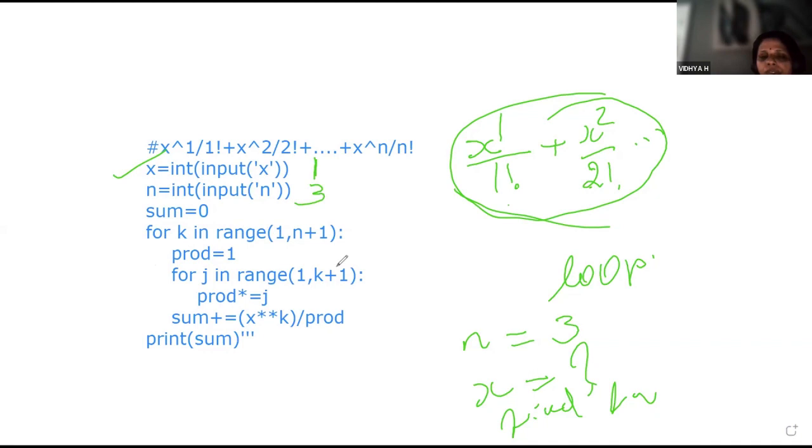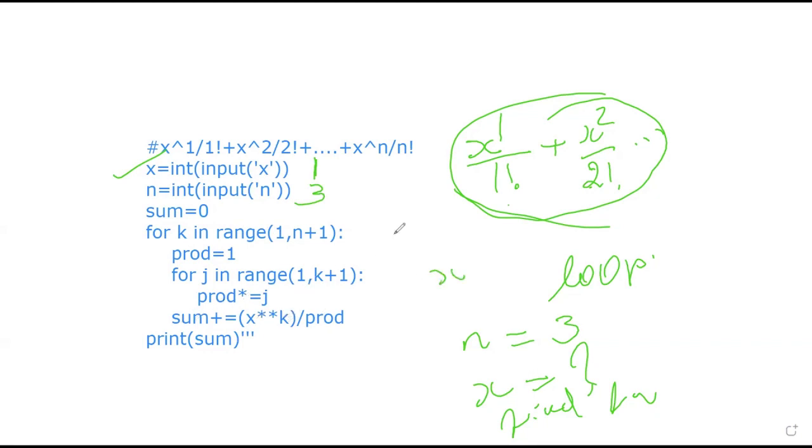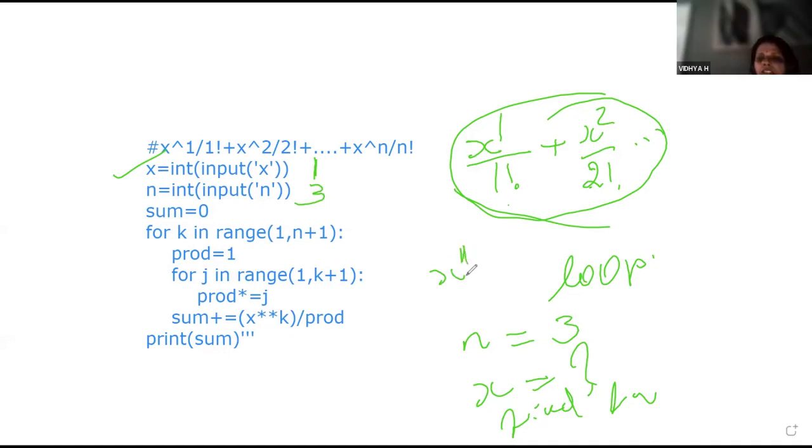Factorial of 1 is 1. So when it comes here, x raised to 1 by the factorial, which is 1, and we substitute x value as 1.